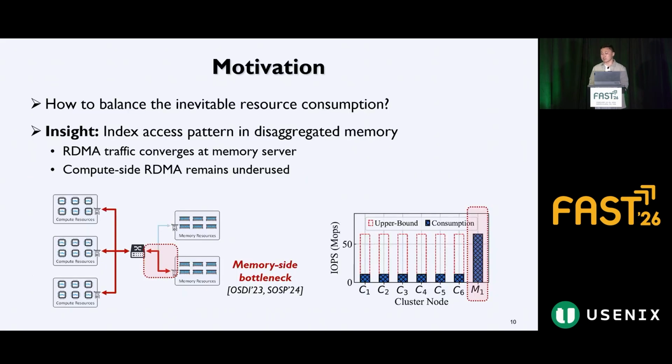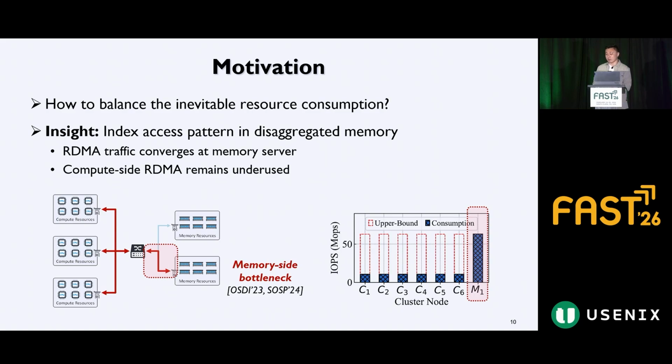In conclusion, existing works face trade-offs in RDMA network resource utilization and fail to achieve consistently high performance across different index operations. The question is: how can we balance the inevitable resource consumption and achieve consistently high performance? From existing works, we observed that in disaggregated architectures, index access patterns route all requests from the compute server to the memory server.